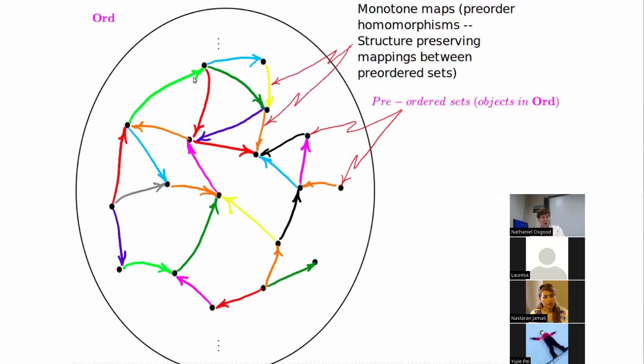Each of these is some pre-order. It could be divided by 3, could be less than or equal to, by natural numbers. It could be set inclusion, some pre-order. It has pre-order structure.